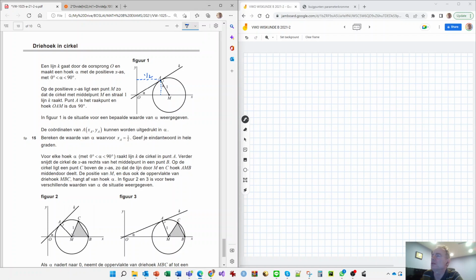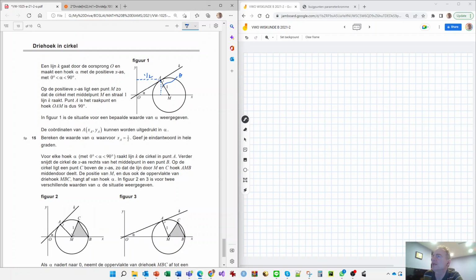We want to express ya in alpha. Well, let's look at this angle here. Let's call that theta. The cosine of that angle is actually the y coordinate of A. And theta and alpha are actually related.